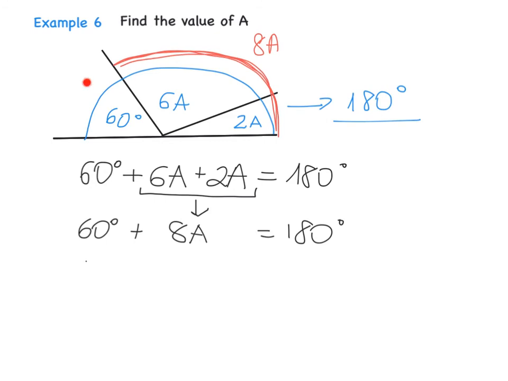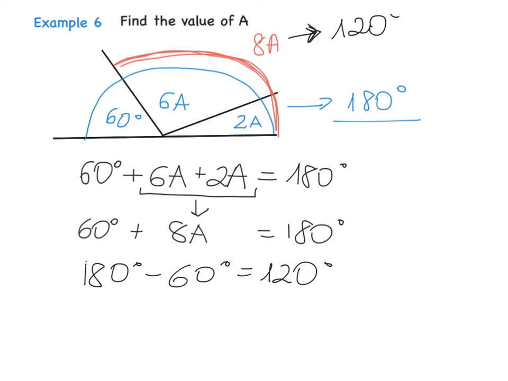We need to get rid of this 60 from 180. Okay, this 60, take it away. So, 180 minus 60 degrees, it's 120 degrees. Okay, now we know that this angle, the red angle, is 120 degrees. Okay, so 8a is 120 degrees.